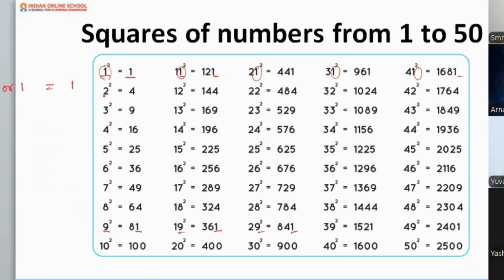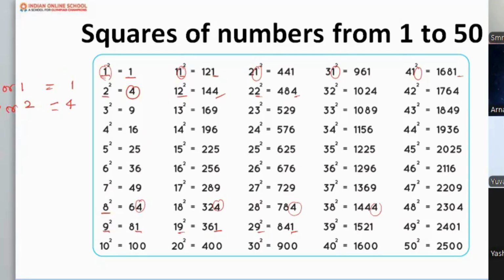Similarly, if any number ends at 2, its square is going to end at 4. And along with 2, if any number ends at 8, the square of that number also ends at 4. So if any number ends at digit 2 or 8, then the square number will end at 4.